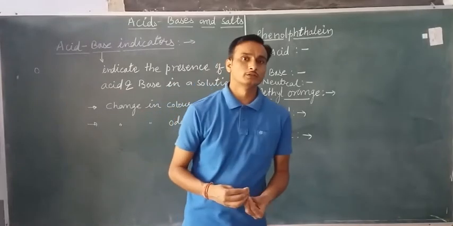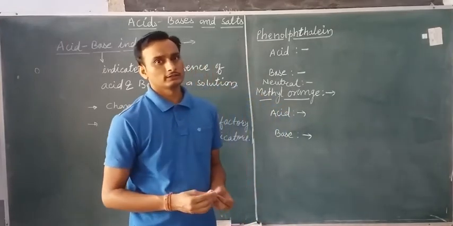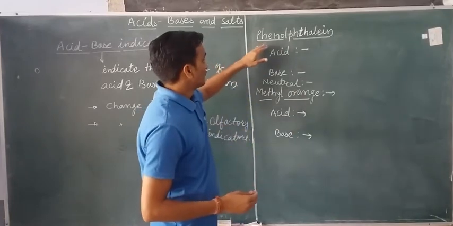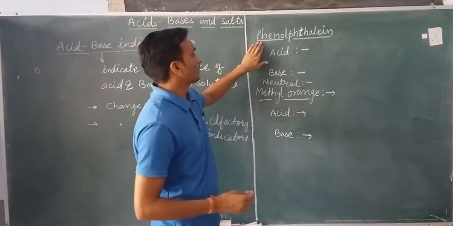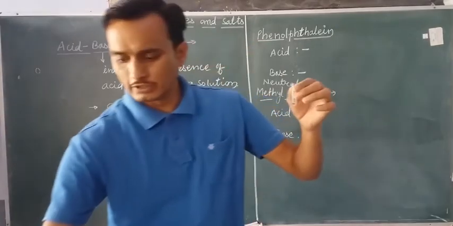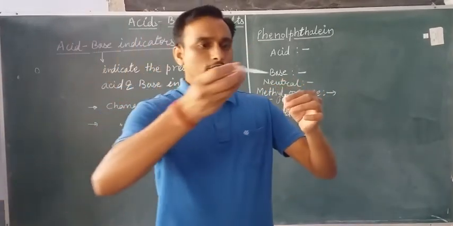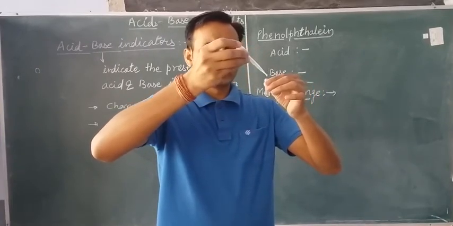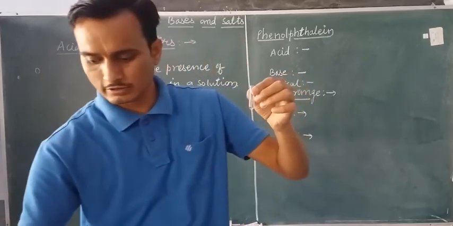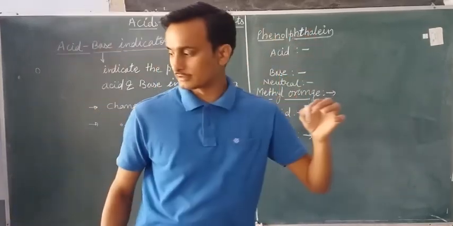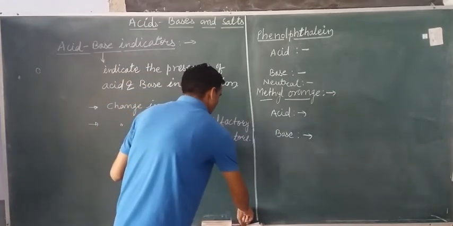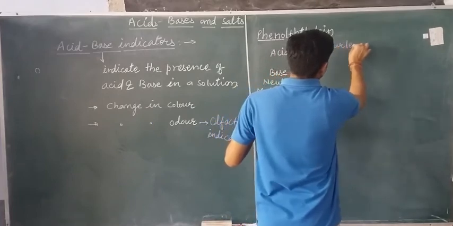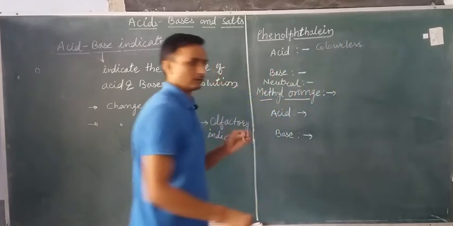Now we will study the effect of synthetic indicators in acidic and basic solution. First, phenolphthalein. In a test tube we take acid and put phenolphthalein drops in it. We observe that the solution remains colorless. So we can say that phenolphthalein is colorless in acidic solution.